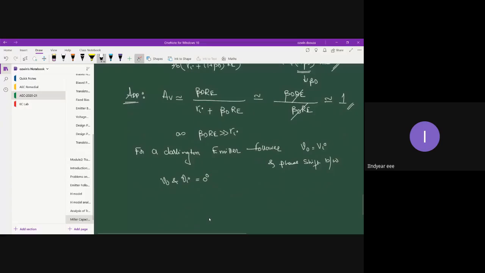So it doesn't amplify the signal, and it doesn't even change the phase of the signal. It simply transfers a signal from one port to the other without any amplification. Fine. So that's your voltage gain.